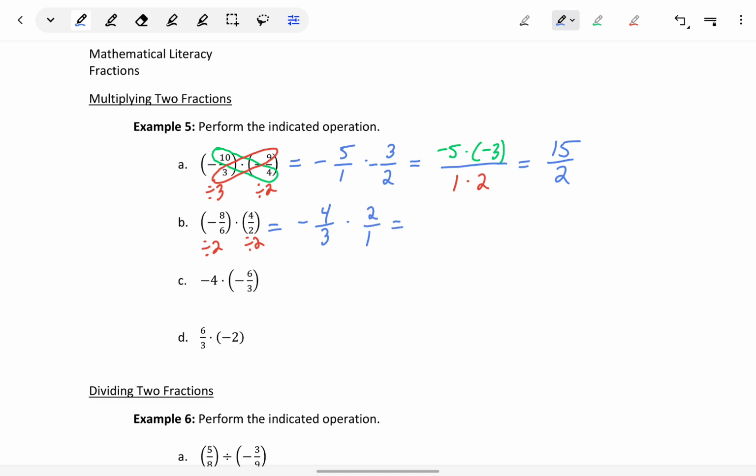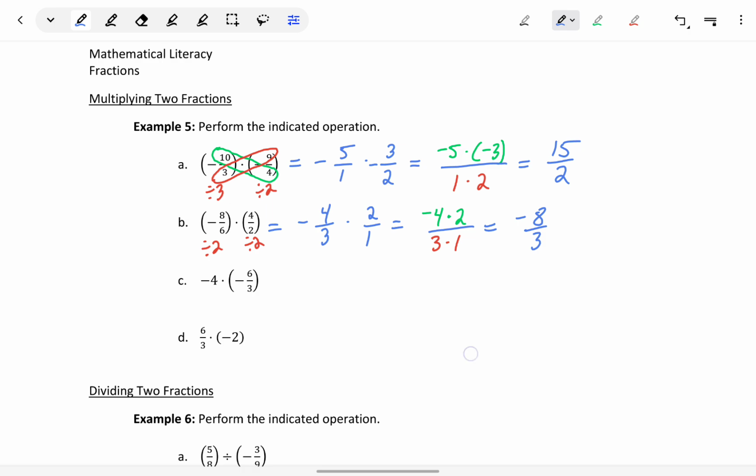And then we can multiply straight across, where our numerator would be -4 times 2, and our denominator is 3 times 1, giving us -8/3 as a result.